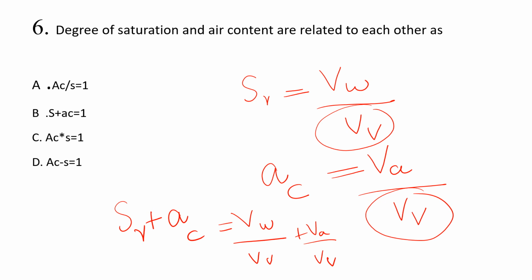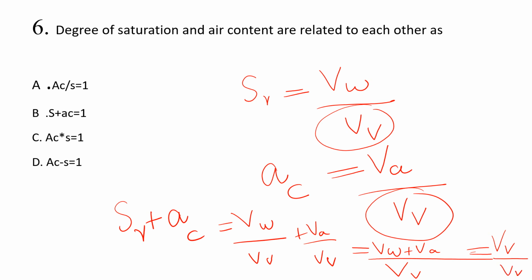So it will be equal to volume of water plus volume of air whole divided by volume of voids. What is volume of water plus volume of air? You know that water and air together constitute the volume of voids. So volume of water plus volume of air will be equal to volume of voids.